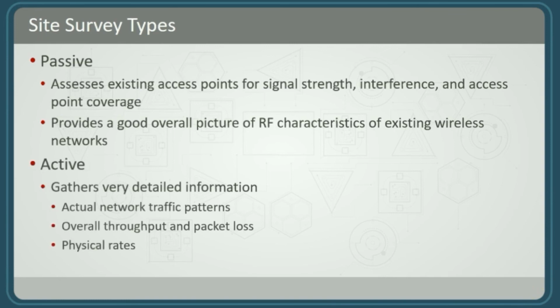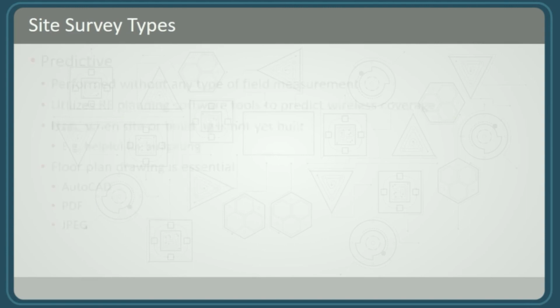This gathers very detailed information because you do actually make a connection to the access points. So with this, you get actual network traffic patterns. You can assess the overall throughput and packet loss and determine the actual physical rates. So again, a passive, very general, just in essence, getting the basics. Then the active, you actually establish the connection and gather that much more detailed information.